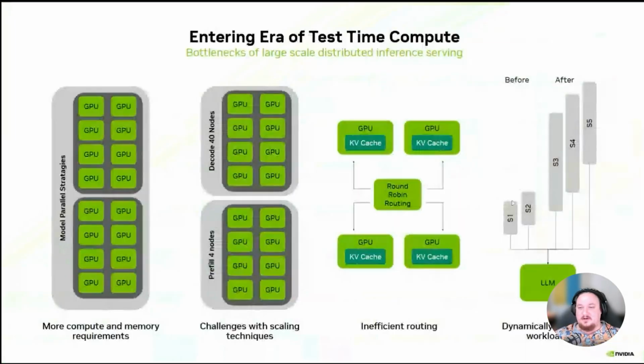Welcome to Dynamo. So something else has happened that I'm sure you guys are all very used to by this point, which is that test time compute, test time scaling has been popping off, and that means the GPUs are really chugging through tokens, right?